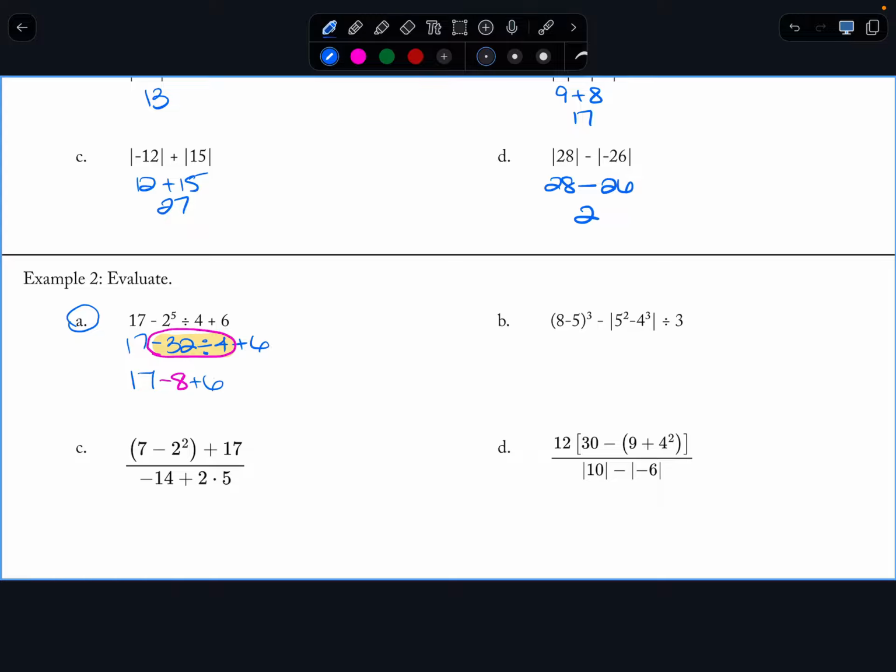And then I'm going to add 6. It is delayed because I'm recording at the same time. Then we do subtraction and addition left to right, just like how we read. So 17 minus 8, which is 9, and then we add 6, and then we get 15.